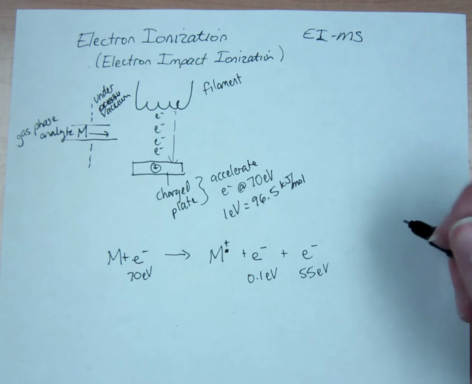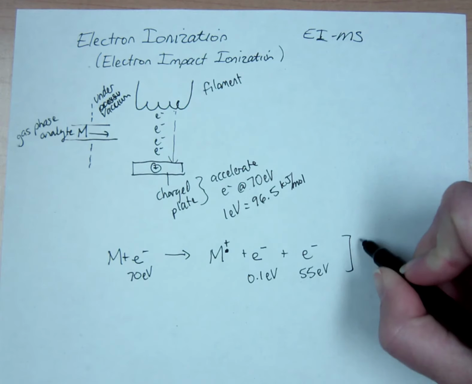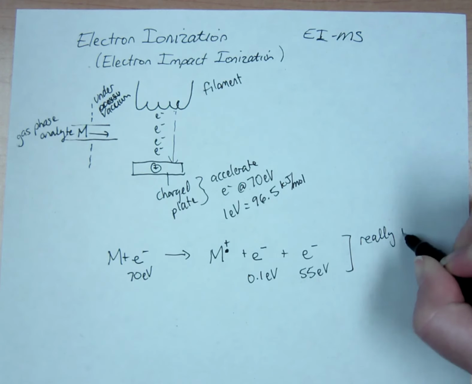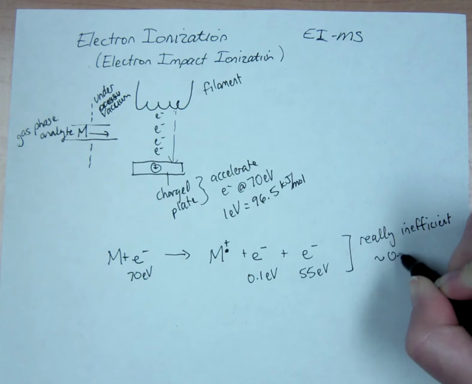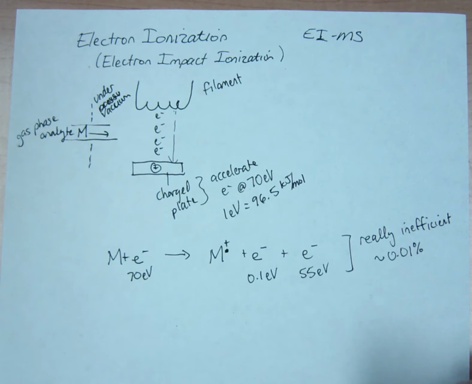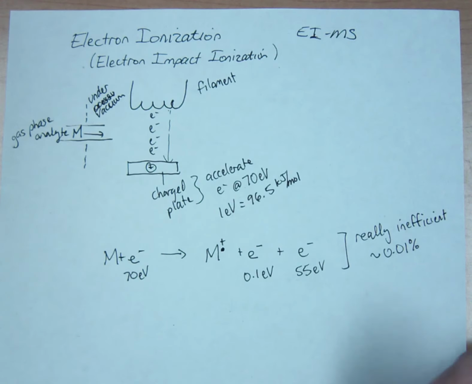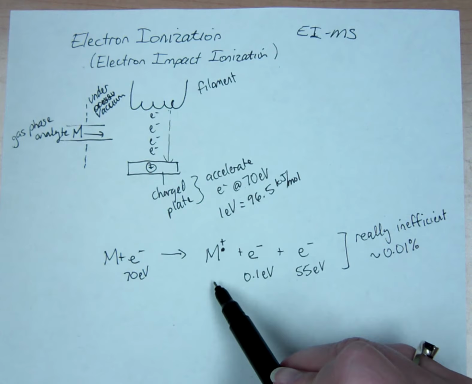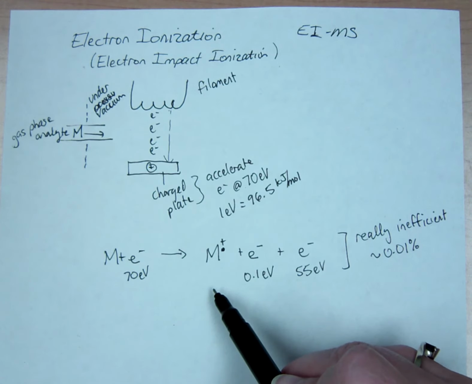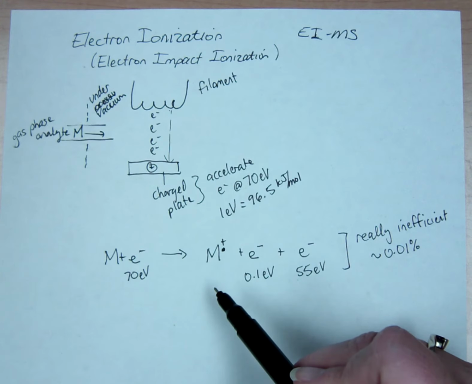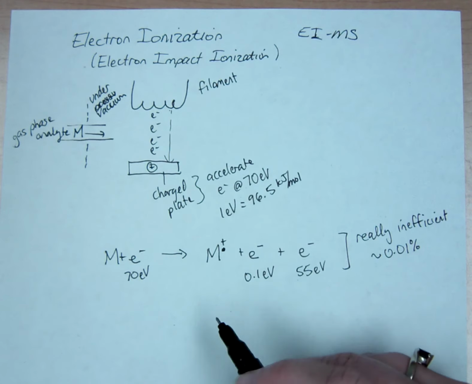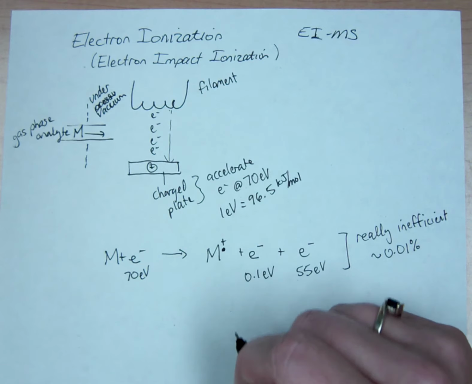Now this is a really inefficient process. Only about 0.01% of our molecules are going to actually undergo this collision and become ions. But when we do this, we do have enough to observe. It's simply a probability thing because we're putting in enough of our molecule.